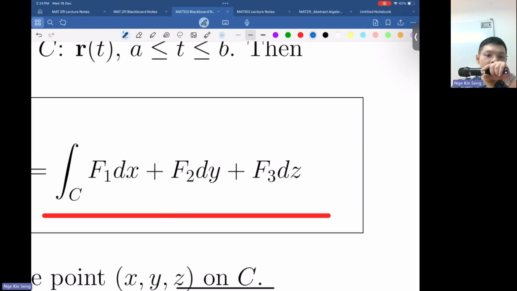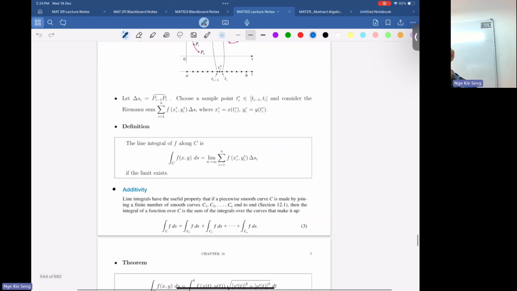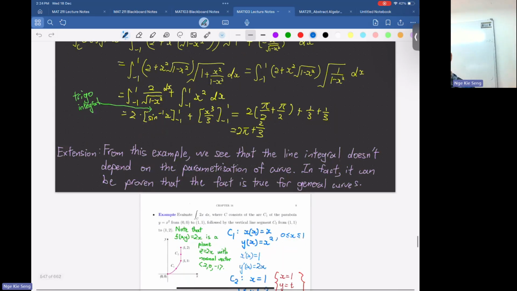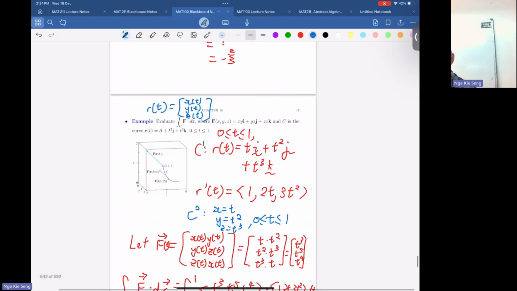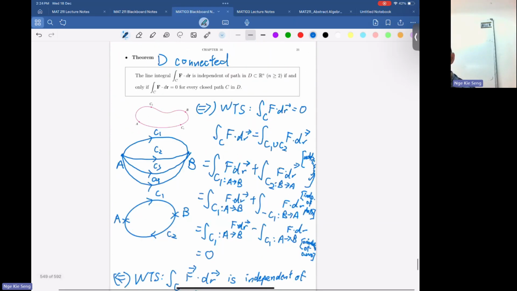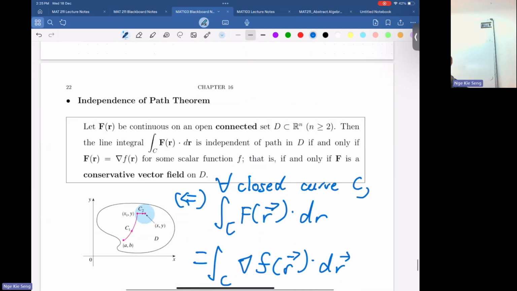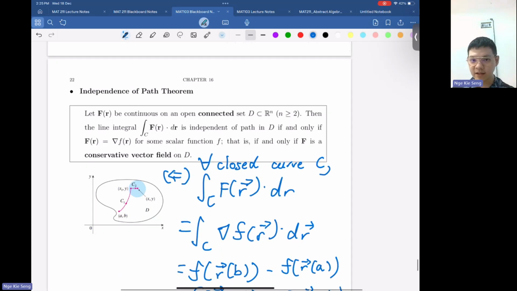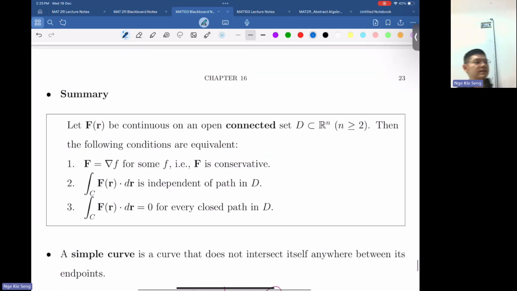Okay, but anyway, I don't want to discuss this proof; you can look at how to prove it. But we still have both directions: an if and only if, an equivalent definition for this independence of path theorem here. So we have established three things. Let's summarize. These three things are the same.